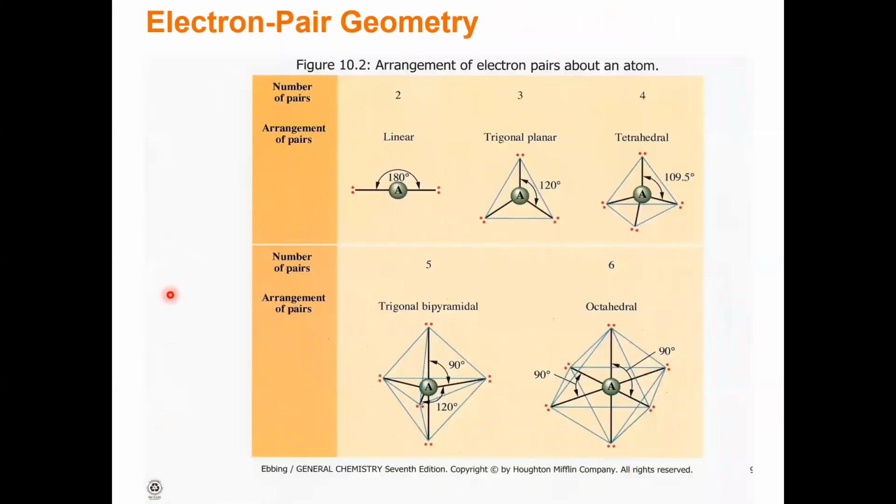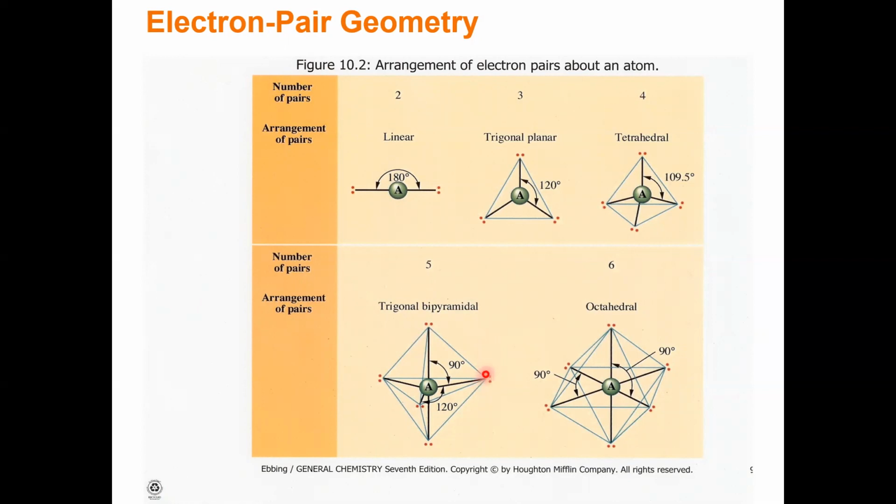This figure 10.2 shows the arrangement of electron pairs around an atom. If we're just looking at electron domains, we see that our electron domain geometry is called linear with 2 electron domains, trigonal planar with 3 electron domains, and tetrahedral with 4 electron domains. With 5 electron domains, it's called trigonal bipyramidal.